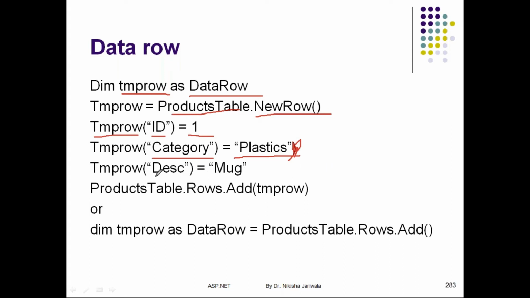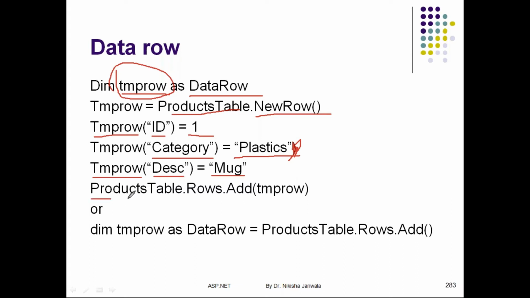Then the third column, if we assume that it is Description, I will write tempRow, within parenthesis and double quotation the field name, that is Description, and within double quotation I will specify the value, that is Mug.